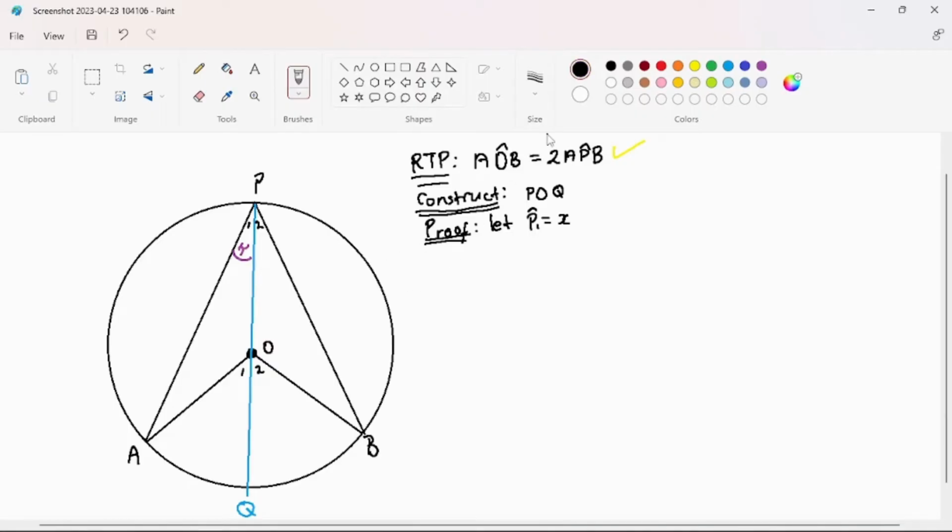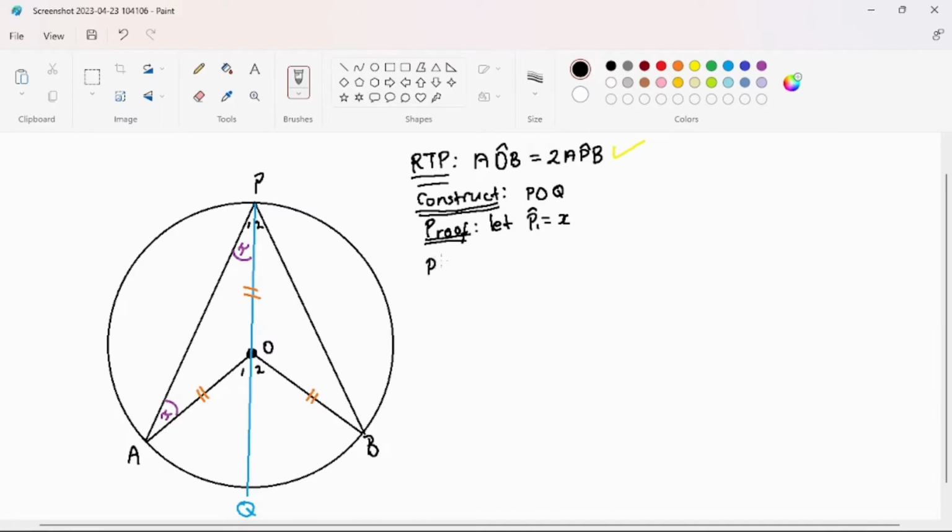So what can we say about equal lines, guys? We know that we have radii. OP is a radius, and we also know that OA is a radius and OB is also a radius. So what do radii normally tell us? If you look at this triangle POA, we are going to have base angles which are equal, which is X and X, right? So how do we go about it?